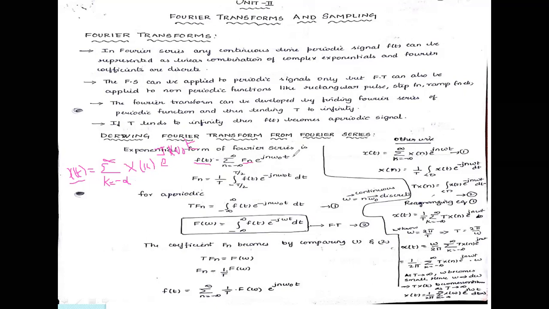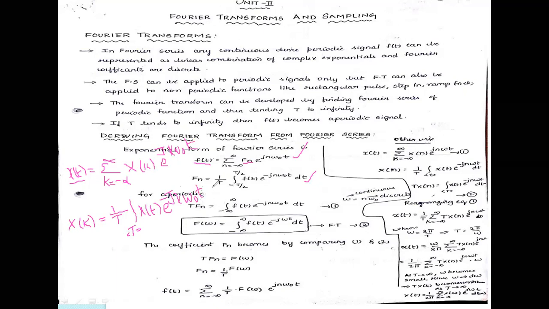Now coming to the analysis equation, x of k is equal to 1 by T, the integral over T of x of t into e power minus j k omega naught t.